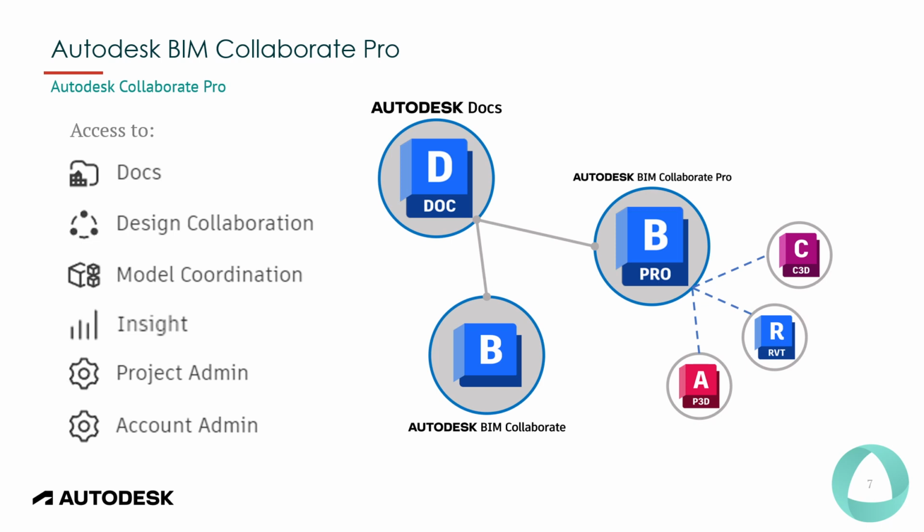And then you have Autodesk collaboration for AutoCAD Plant 3D, which allows project teams to collaborate on Plant 3D projects in Autodesk Construction Cloud. So the only difference between BIM Collaborate and BIM Collaborate Pro will be these 3 additional features. Otherwise, both of these offerings include all the modules displayed on screen.